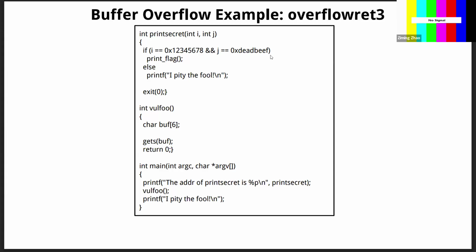Oh, the order of them. Yeah, the order. My script is 18 bytes of garbage, address, 4 bytes of garbage, dead beef. Yeah. The reason is in 32-bit, which one will be pushed down to the stack first? This one will be pushed to the stack first, actually.